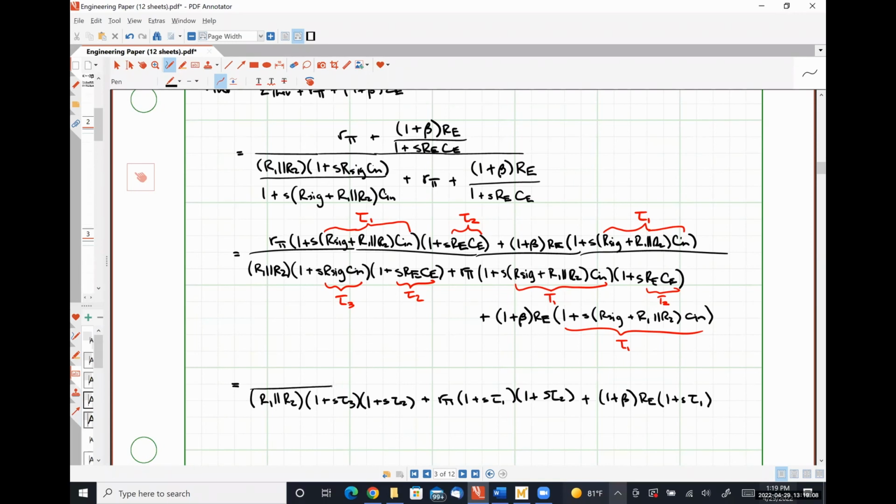So that's my denominator. And then my numerator looks like R pi times 1 plus S tau 1, 1 plus S tau 2, plus 1 plus beta RE, 1 plus S tau 1.